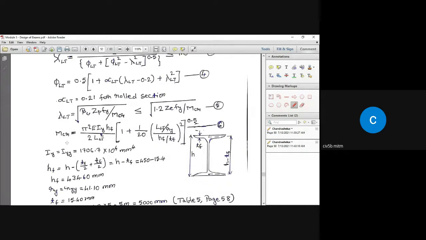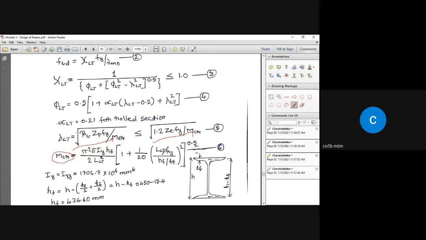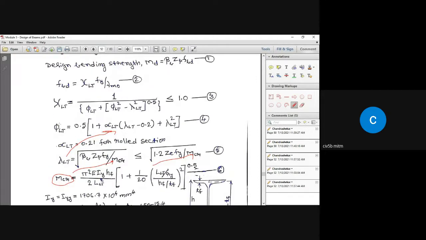Find out MCR from this formula, then put that MCR value here, and here. All the values are known. Find out lambda LT. Alpha LT is 0.21, and lambda LT you just calculated. Substitute those values in the formula here to find phi LT.